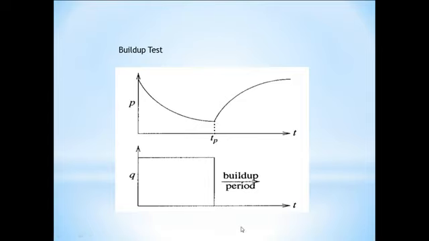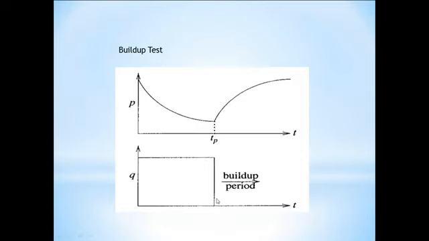Now on the rate versus elapsed time diagram, the well was flowing, so the rate was constant as we assumed, and the moment we provide the input, the pressure rises, and the rate drops because the well is shut in now.